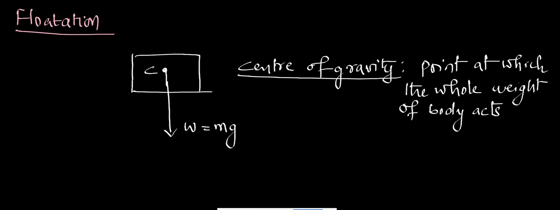At different positions there will be different points where our whole body weight will be acting, and that point where the body weight acts is called center of gravity. Similarly, when you take buoyant force, the force will not act at all the points, it will act at some center point. That is called center of buoyancy.